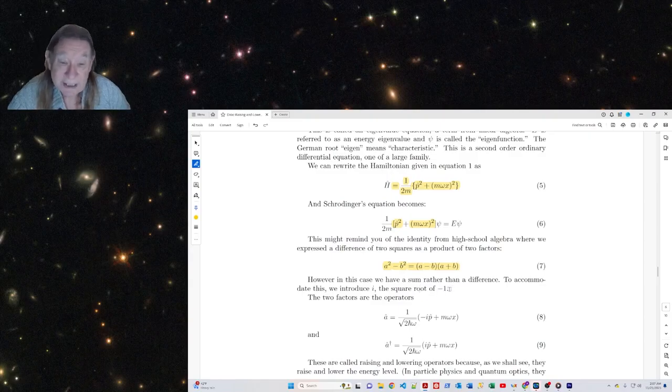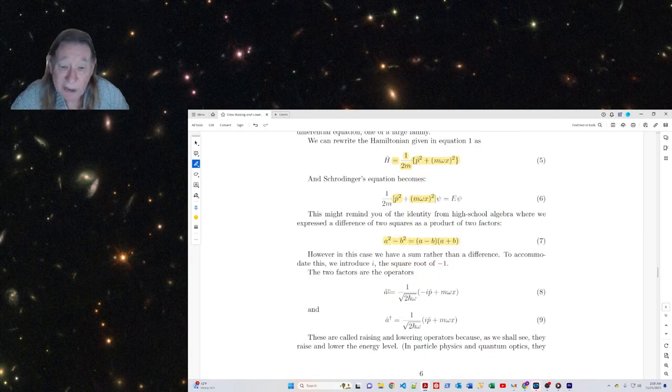To get the negative sign, we have to introduce i, the square root of minus 1, because if you square i, you get minus 1, and that changes this minus sign to a plus sign. So these are the two factors that multiplied together give you the Hamiltonian. They give you the left-hand side of equation 6.